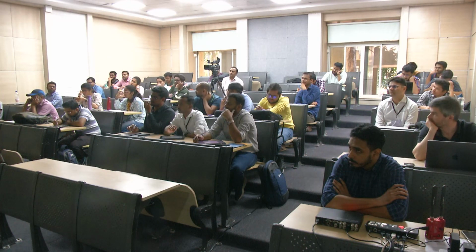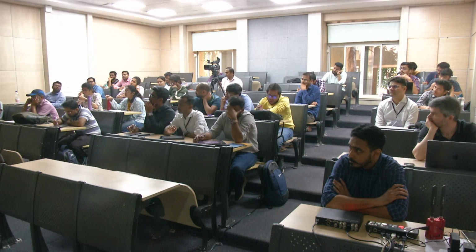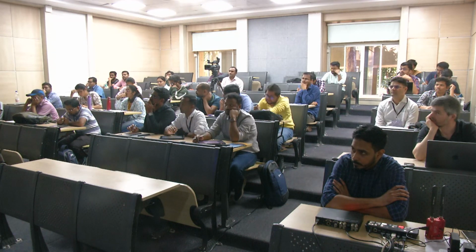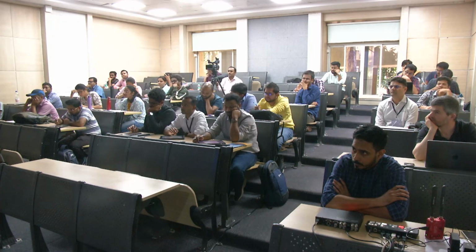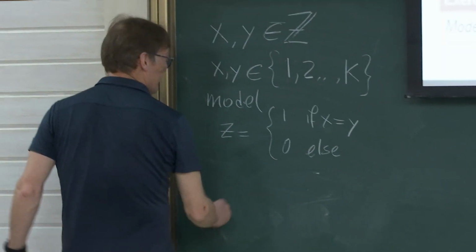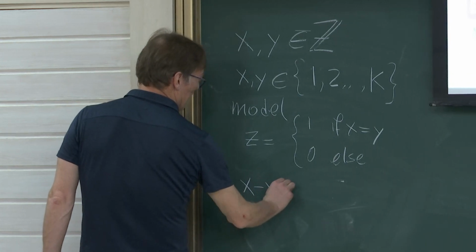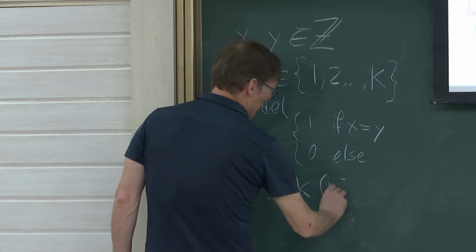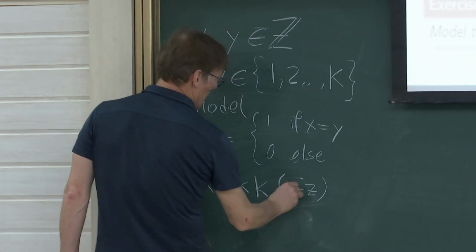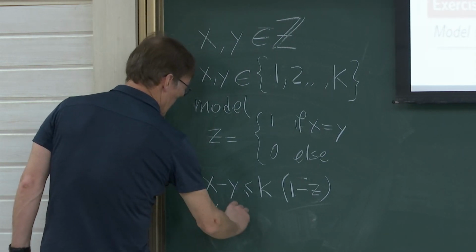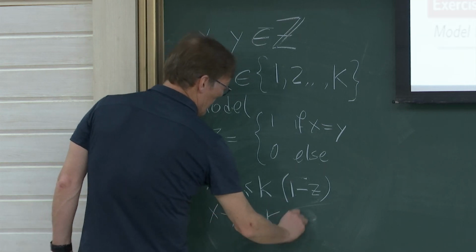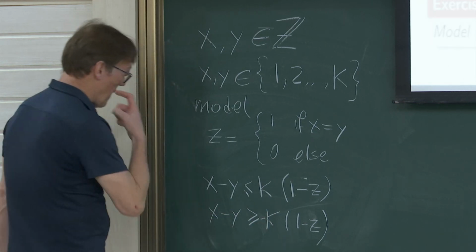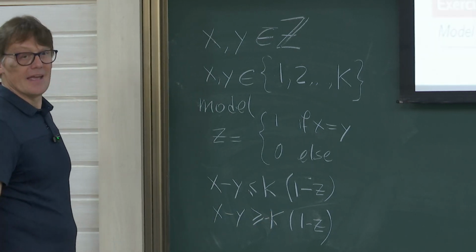Then x minus y should be less than or equal to k times 1 minus z. Let me see this. So you've got x minus y less than or equal to k times 1 minus z, and minus k. Okay, so does that do it?